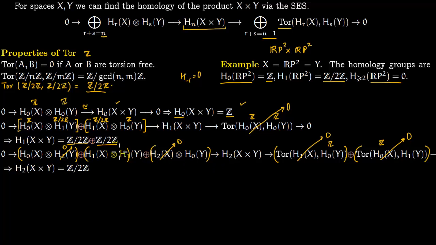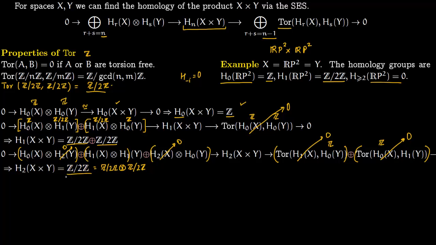So everything is coming from this term, H1 tensor with H1. H1 is Z by 2Z, and tensoring it with Z by 2Z, you get Z modulo 2Z.